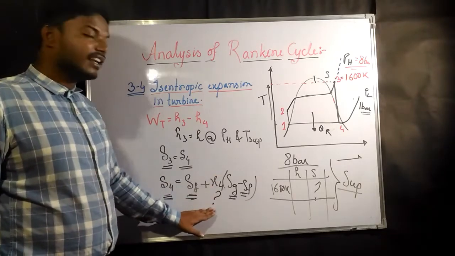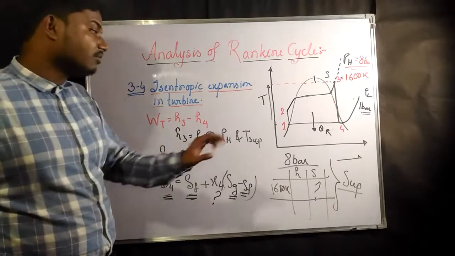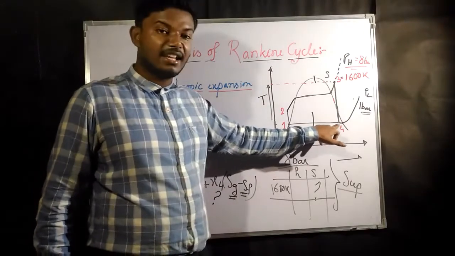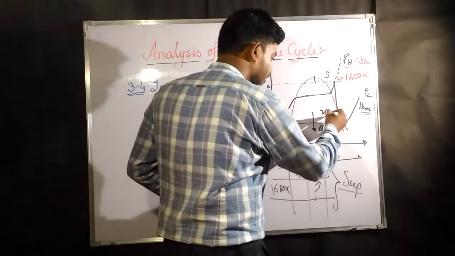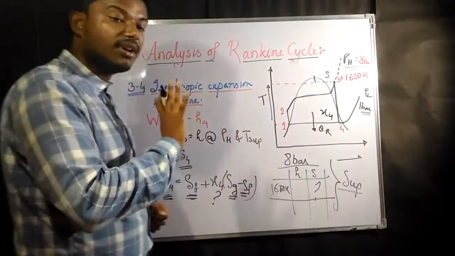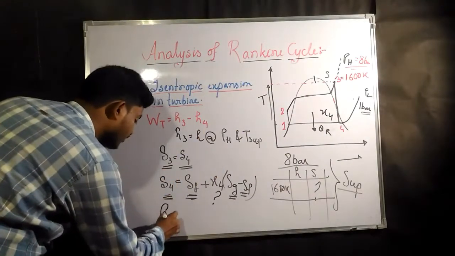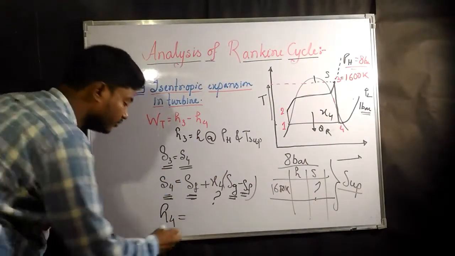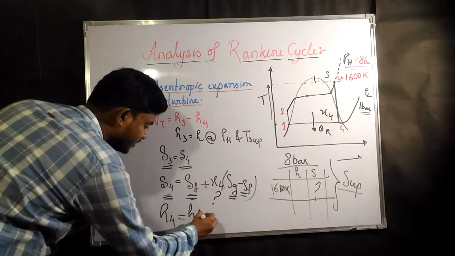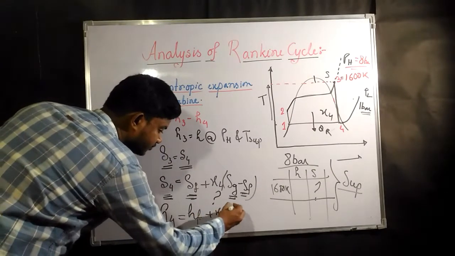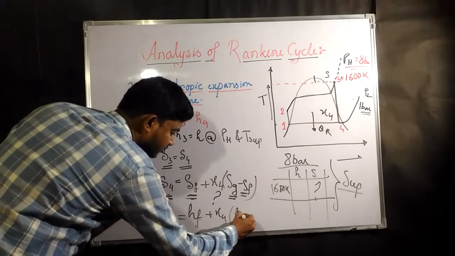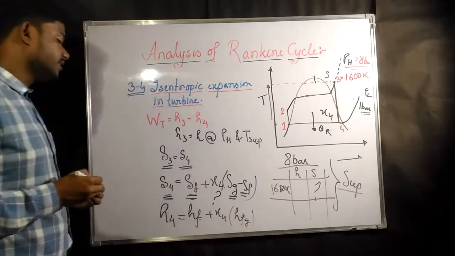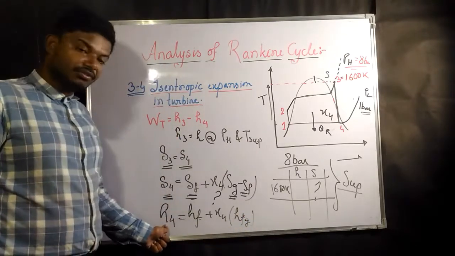Once you find the dryness fraction at this point, you can find out everything, including enthalpy. H4 is nothing but HF plus X4 into HFG. Now H4 you need to find out.